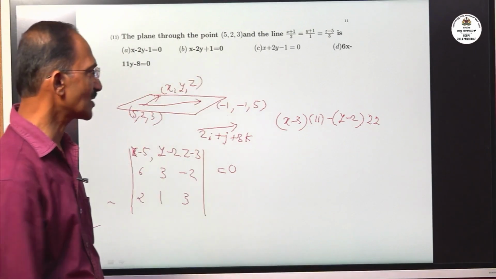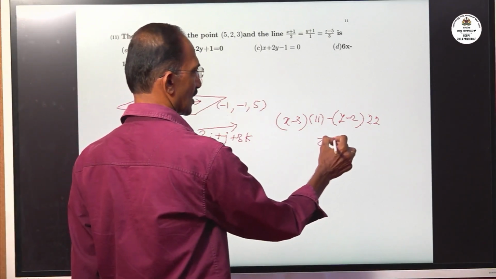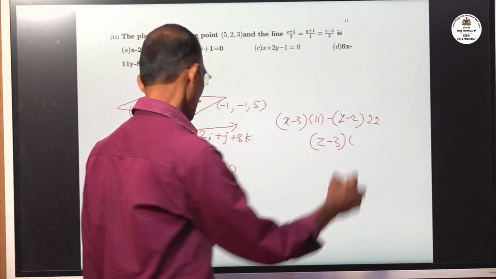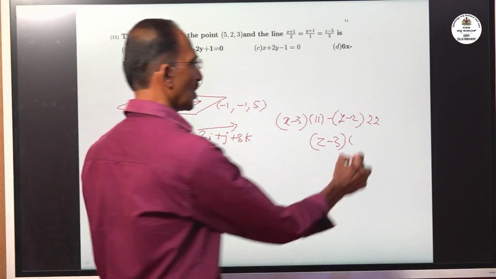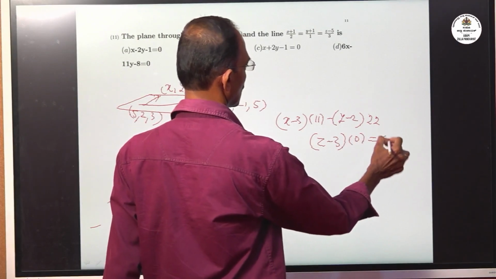Last one, (z minus 3) into 6 minus 6, that's 0, equal to 0.